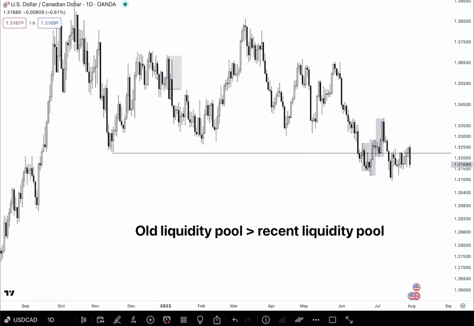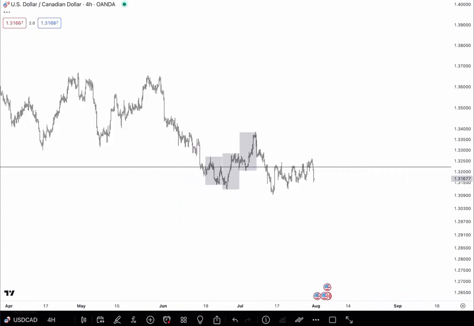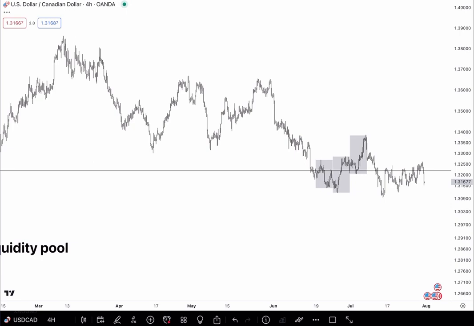We're digging into this low. So the highest chances, the high that led us to that low is probably going to be taken out right here. But how do you enter that?